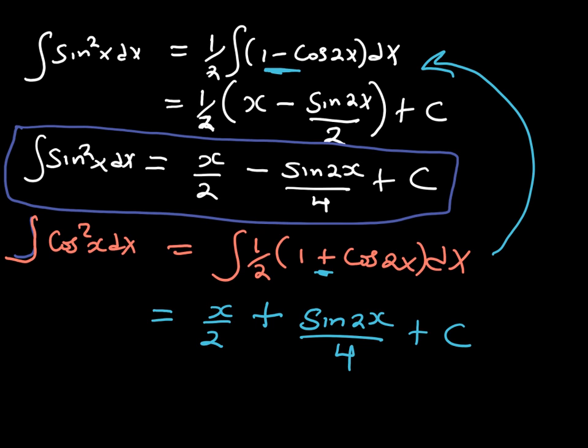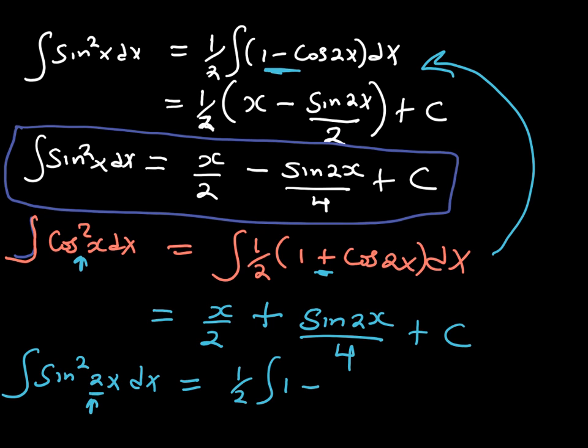Now the question is, if you are integrating sine squared of 2x dx, look at this: this is x and this is 2x. It is going to be the same. Just come down, take it easy. It is still going to be a half times the integral of 1 minus.